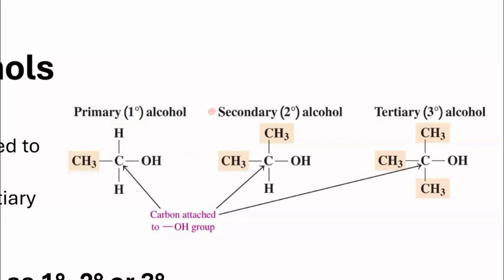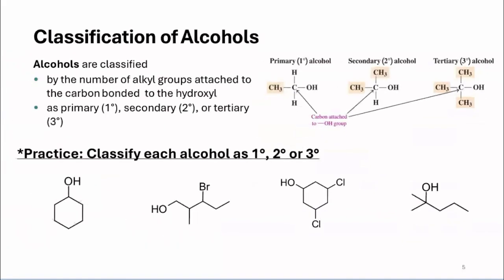Alcohols can be classified as secondary alcohols because the carbon holding the OH is bonded to 2 carbon chains. Lastly, alcohols can be classified as tertiary alcohols, where the carbon atom holding the OH is connected to 1, 2, 3 carbon chains. Let's do some examples of how we determine the classification for certain alcohols.